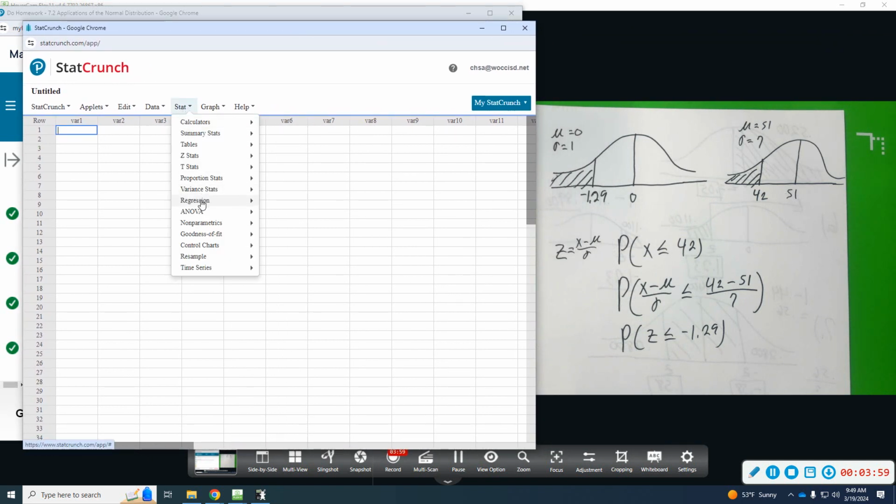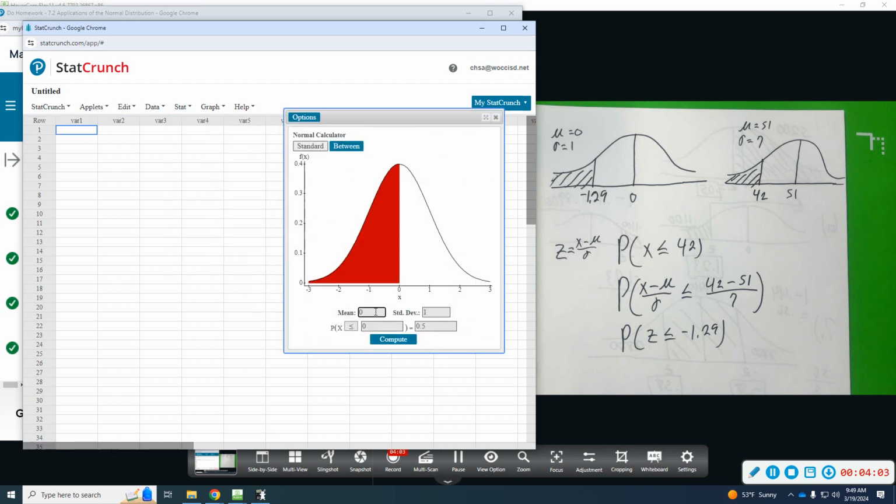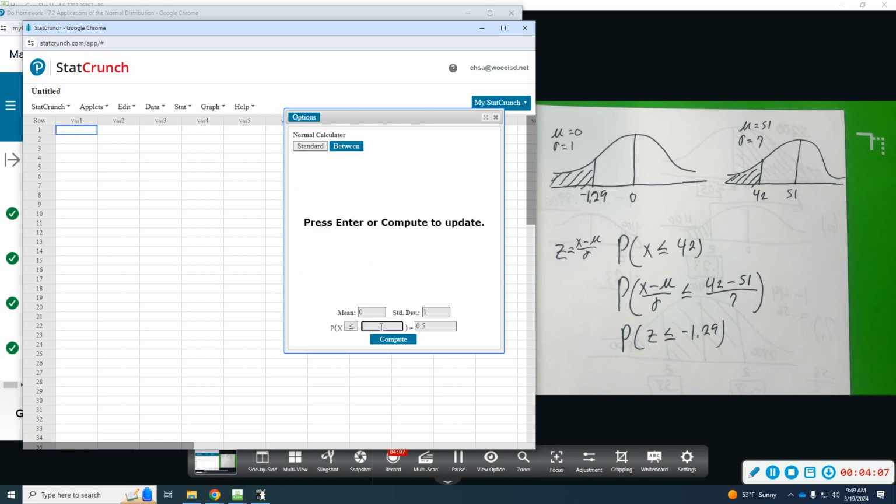Stat, calculators, normal. I'm going to leave it 0 and 1 right now. I'm looking for the left of negative 1.29. If I use that, I get 0.0985.